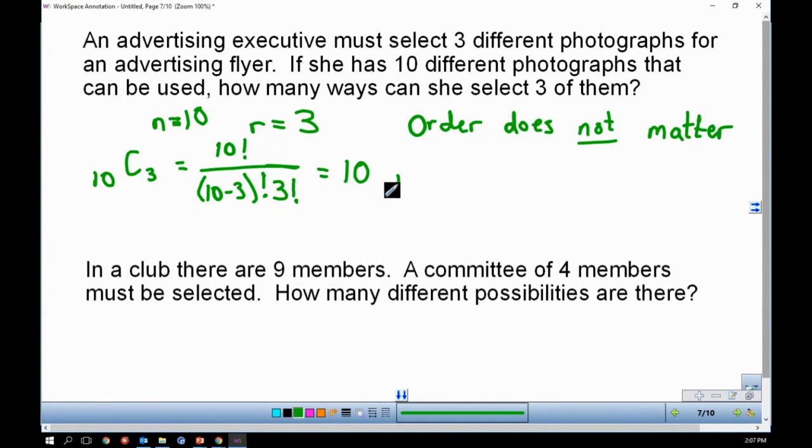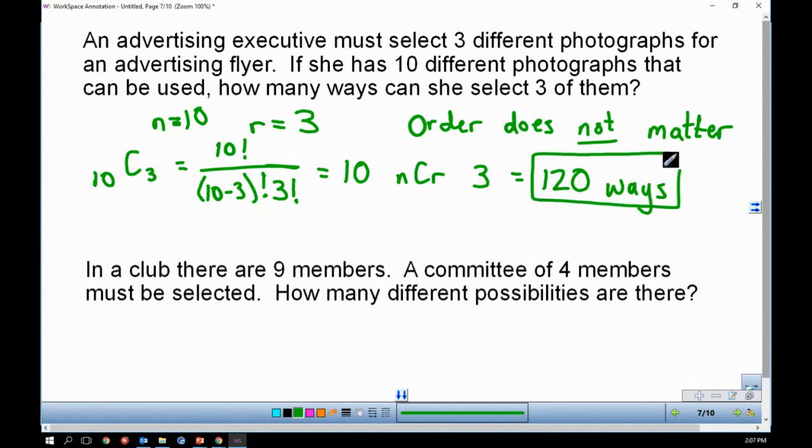If we do it in the calculator format, it would look like that, which is 120. Questions on that one?